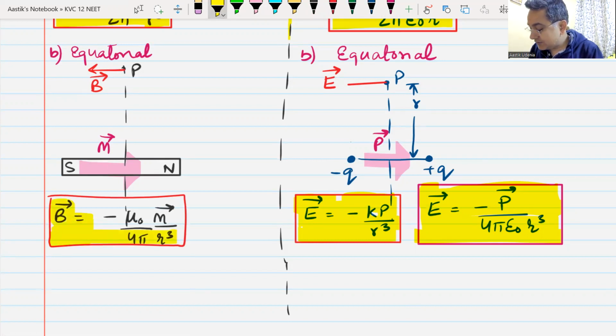Do we understand this? Yes, sir. This is magnetic field and electric field at the equatorial point.